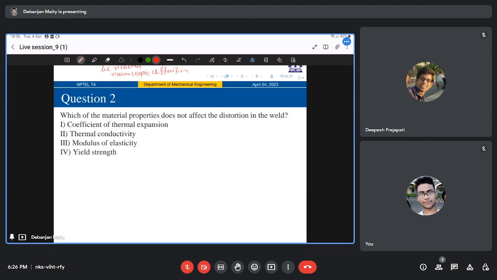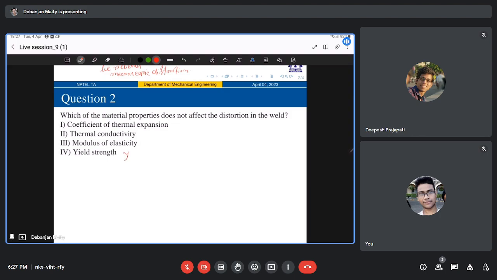This is because after the stretching and contracting caused by the thermal cycle induced by the welding, the material is stressed, as I was saying, to approximately up to the yield strength of the material. So the higher the yield strength, the higher will be the residual stress that will act to distort the material, right?